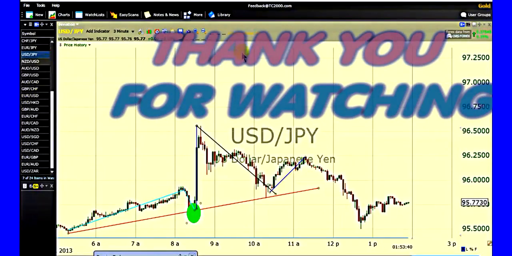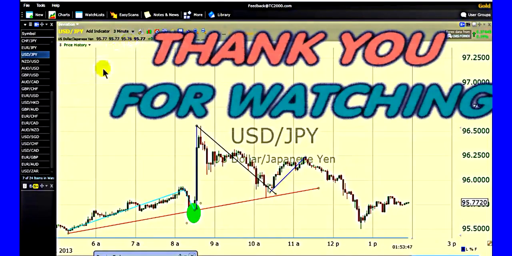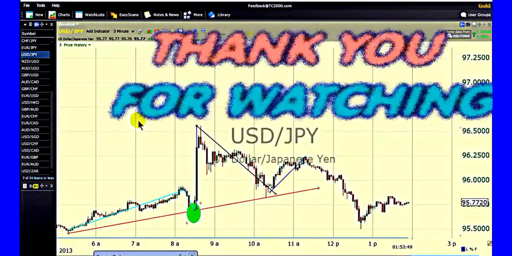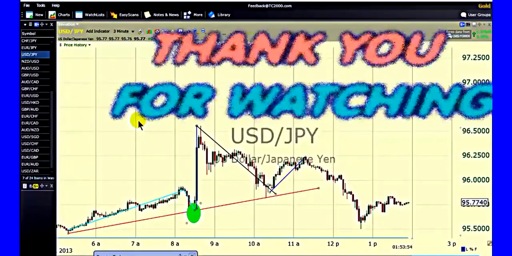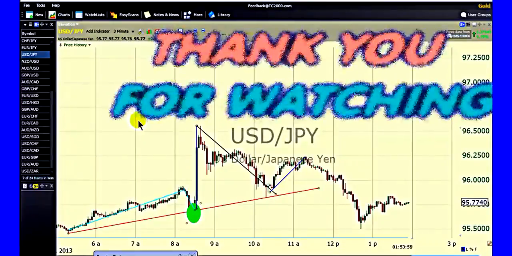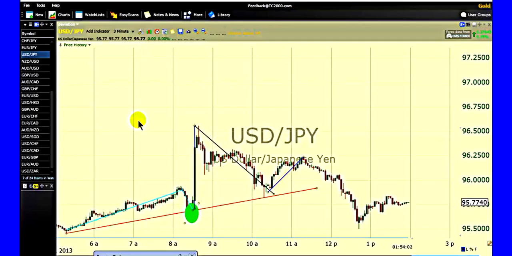Fibonacci extension. This is the USD yen on the 3-minute chart. Same time frame, 3 minutes for the euro. This is about parallel fractal pattern. It must be the same time frame. For a normal fractal pattern, it can be a different time frame. You see one pattern on a higher time frame repeating itself on various lower time frames, or one pattern on a lower time frame copying and pasting itself on a higher time frame.